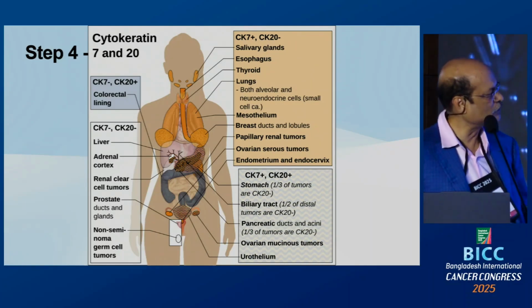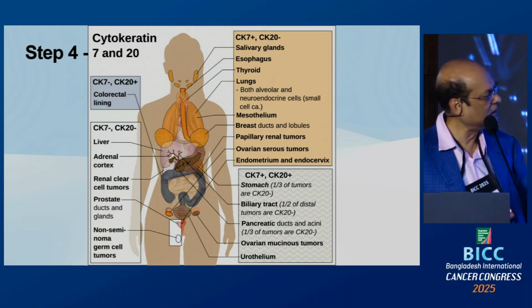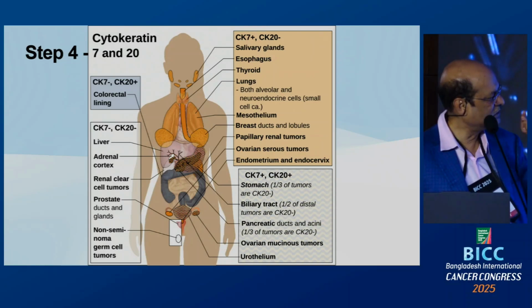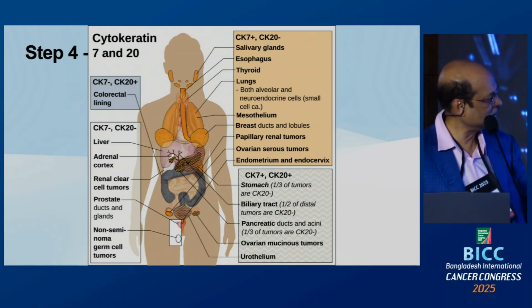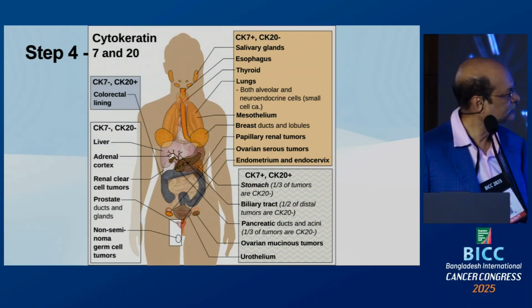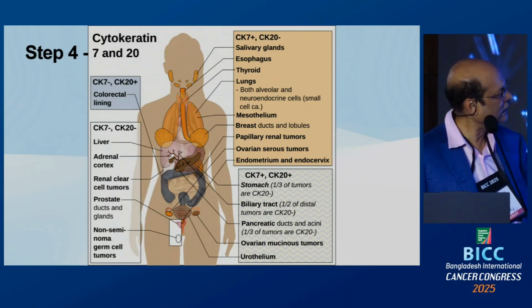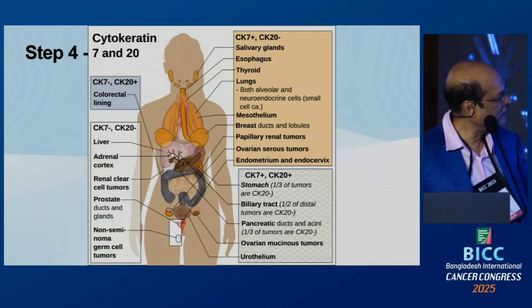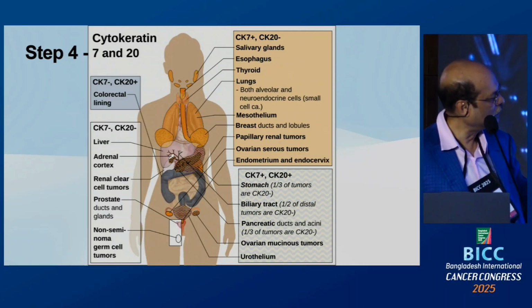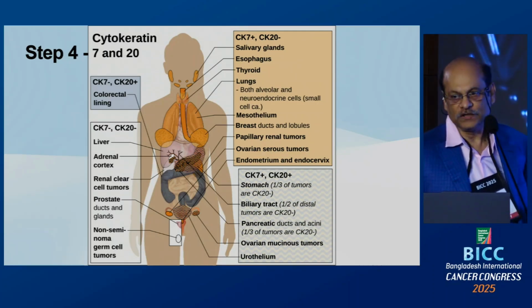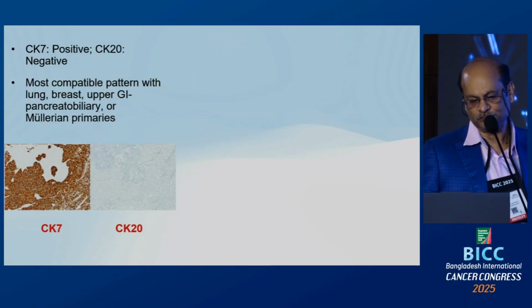If both are positive, it is stomach, biliary tree, pancreatic duct, mucinous ovarian, and urothelium. And if both are negative, then it is liver, adrenal cortex, renal clear cell tumor, prostate, and non-seminomatous germ cell tumor.